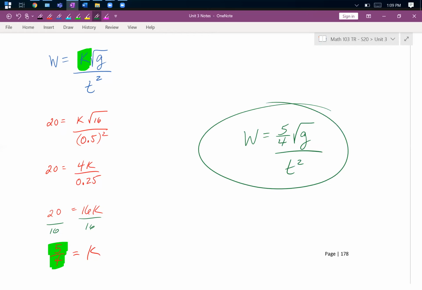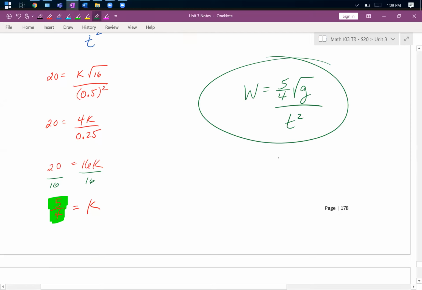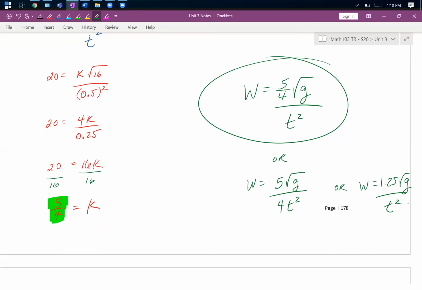I'm fine if you leave it like that. If you were going to simplify it, the numerator stays in the numerator and the denominator comes down to the denominator. Or since it's a nice decimal, I'd be fine with the decimal up top as well. All good. Questions, anybody?